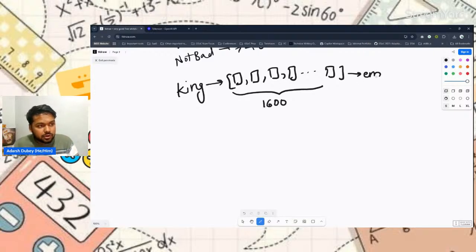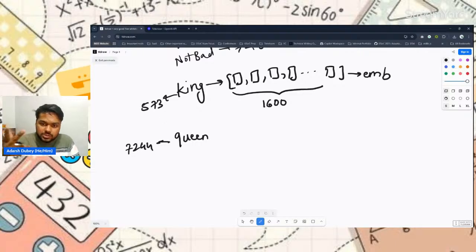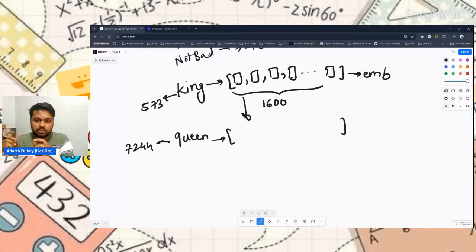This embedding of king will have 1600 values, and each value will represent something about king. If there is a word called queen, it has the ID of whatever we consider 573, and it might have the ID of 7244. These IDs don't actually correlate, but this particular array will have some similar values to this. The embedding of king will have similar values as the embedding of queen.